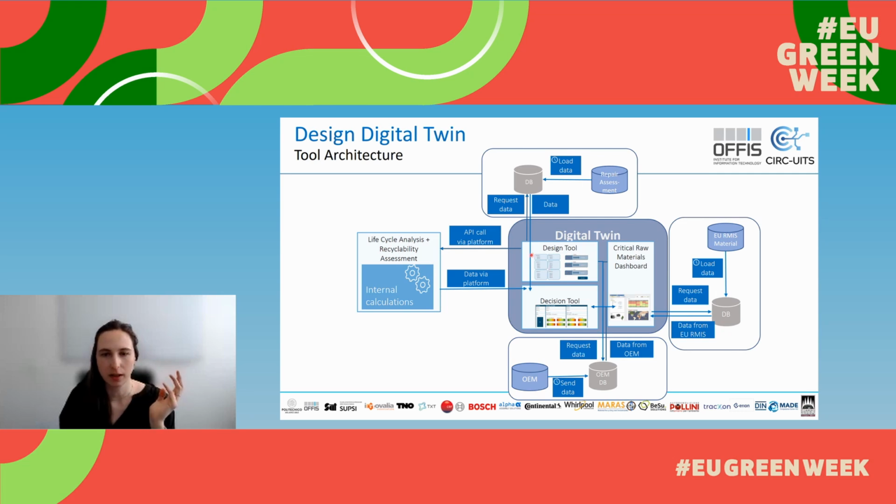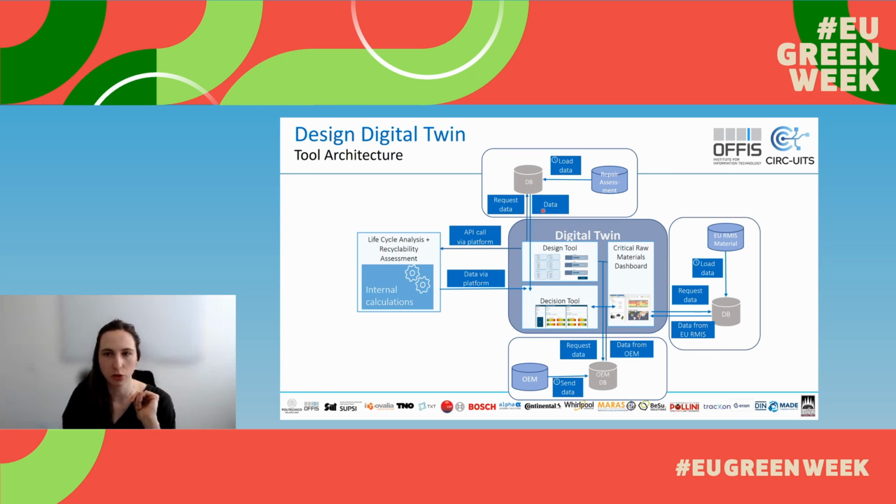One of the key inputs is the life cycle analysis from the Greta tool, from Subsi, as Christian showed us before. We also have the recyclability assessment from Mara, what Antoinette just showed. These are inputs for our digital twin.